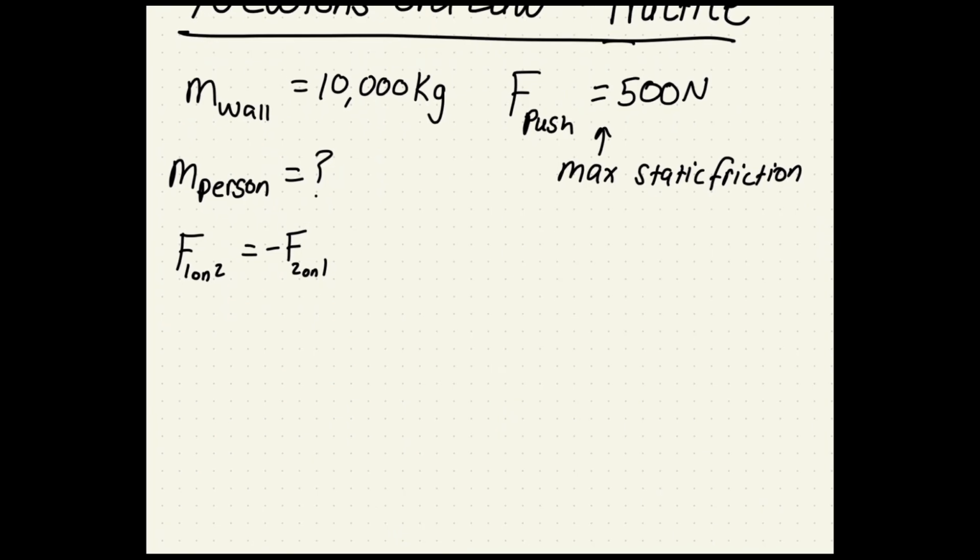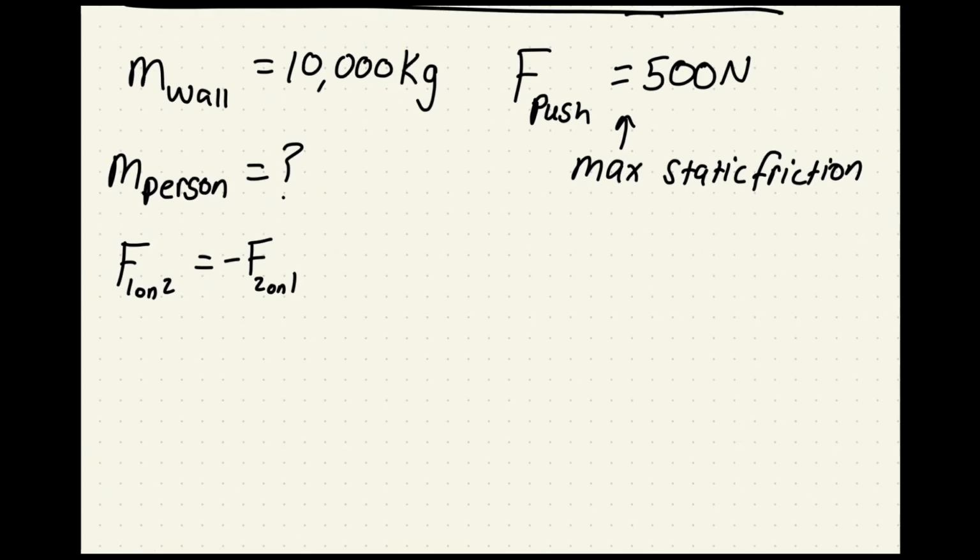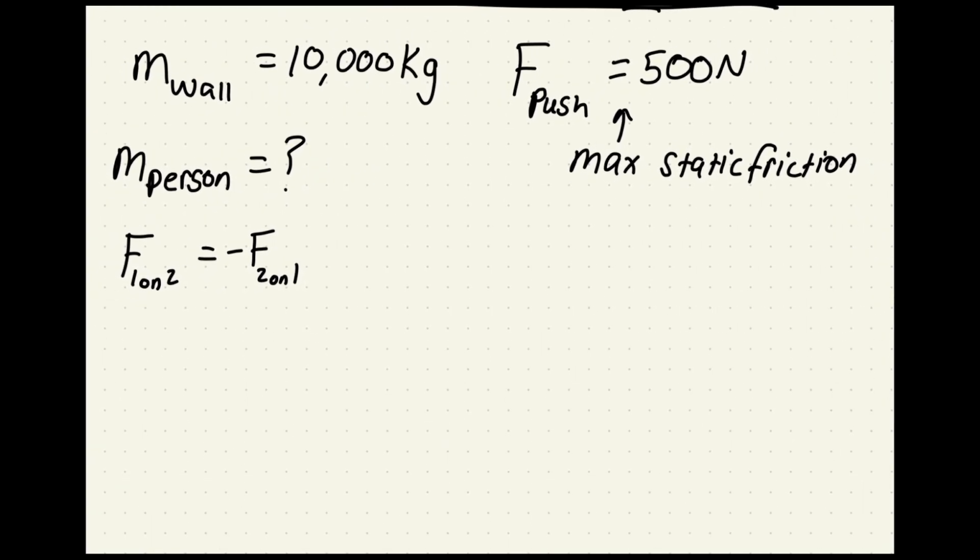We'll say this is maybe not the maximum static friction for the person, but the actual maximum static friction for the wall. Maybe it's a fairly slidey wall. It's very easy to move along. So this person pushes on this slidey wall, and we reach the maximum static friction for the wall at 500 newtons. And now we have to figure out what is the mass of the person who's doing the pushing.